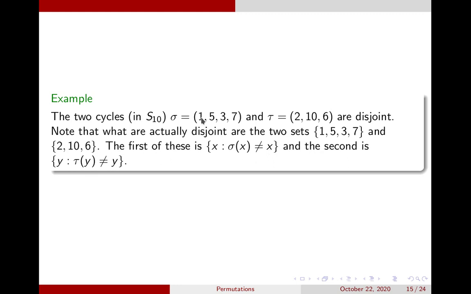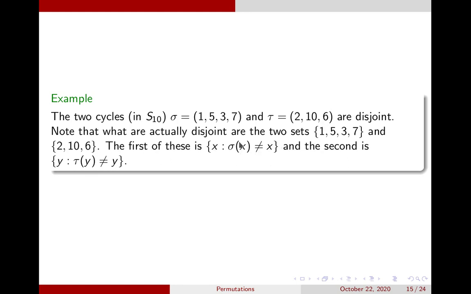For the numbers 1, 5, 3, and 7, sigma moves those numbers. The second set, 2, 10, 6, is the set of numbers y for which tau of y is not equal to y. Right? 2, 10, and 6 are the three numbers between 1 and 10 that tau moves.